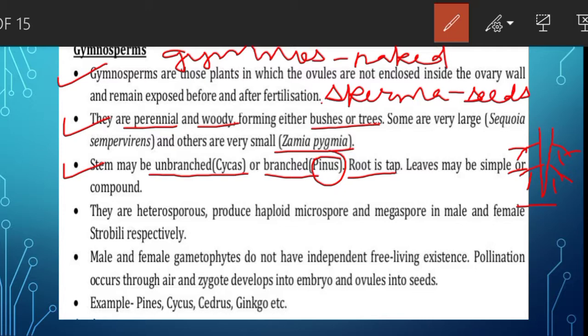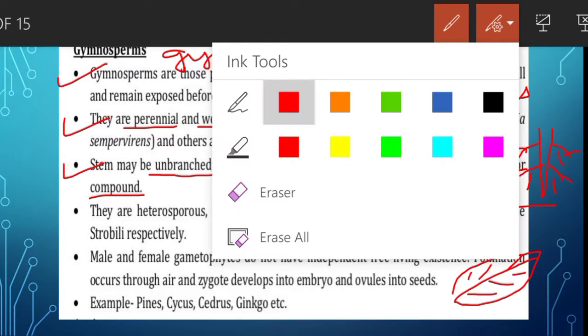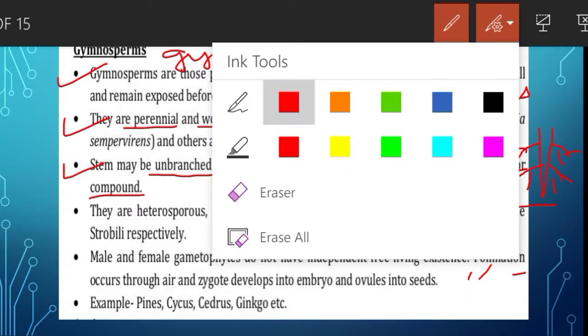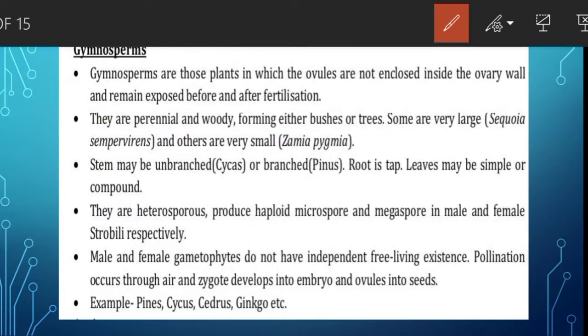Leaf may be simple or compound. Simple leaf means the leaf is not divided into leaflets. Suppose this leaf is there, and incisions are present on the leaf, but the incision doesn't reach the midrib.